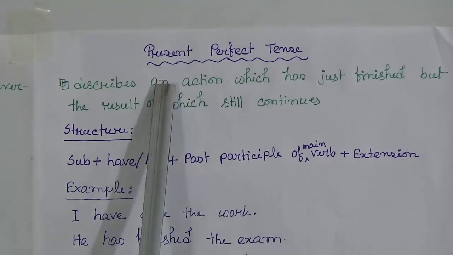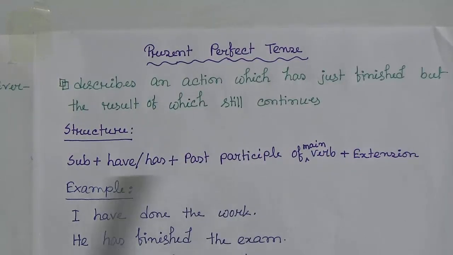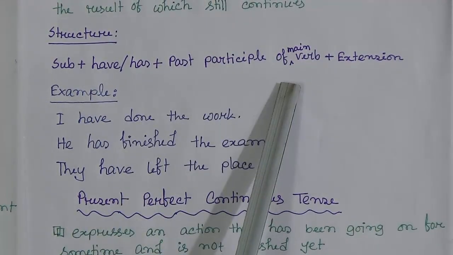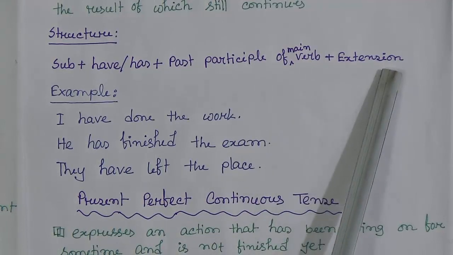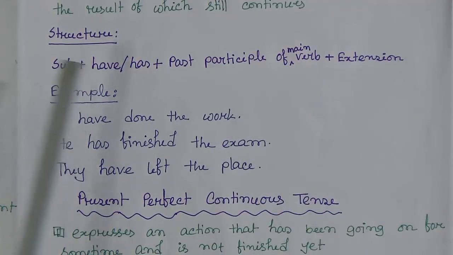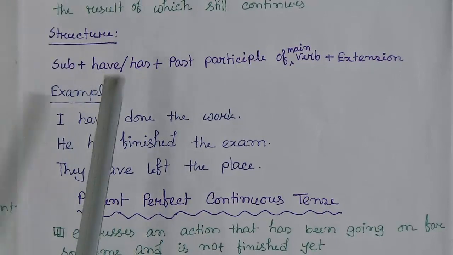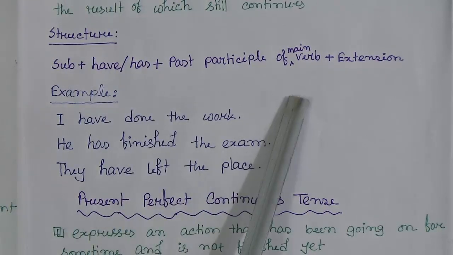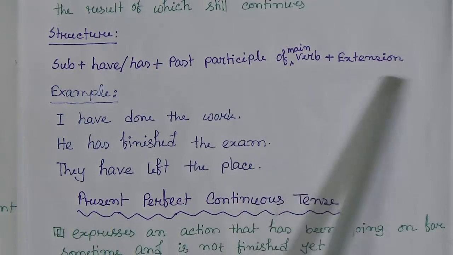Now the structure: subject plus have or has plus past participle of main verb plus extension. I am repeating: subject plus have or has plus past participle of main verb plus extension.